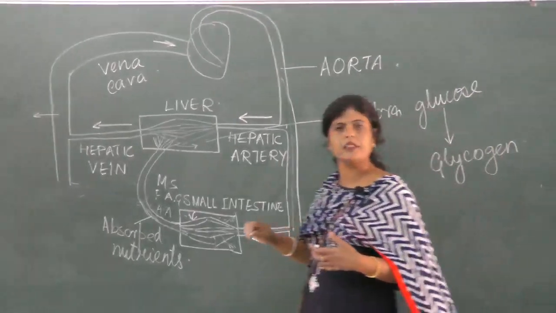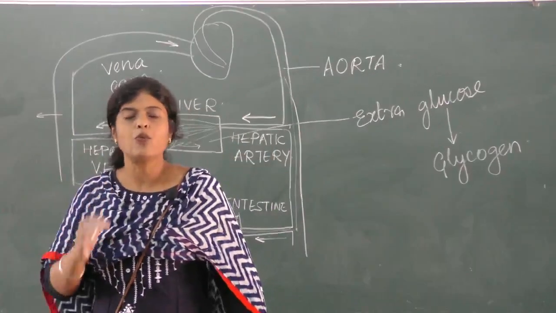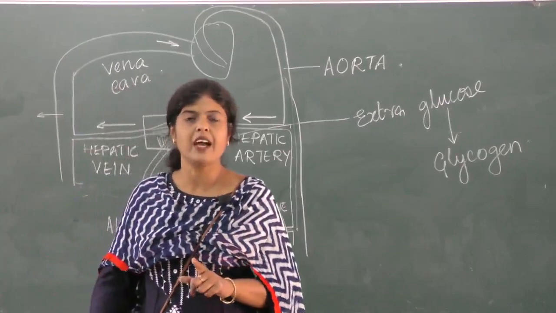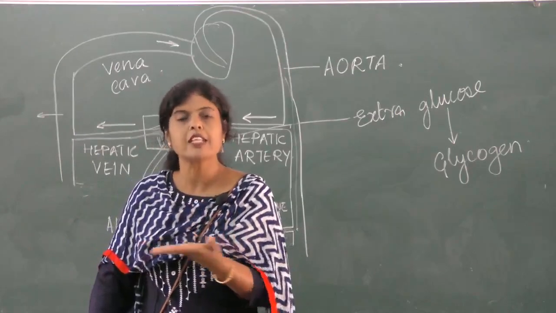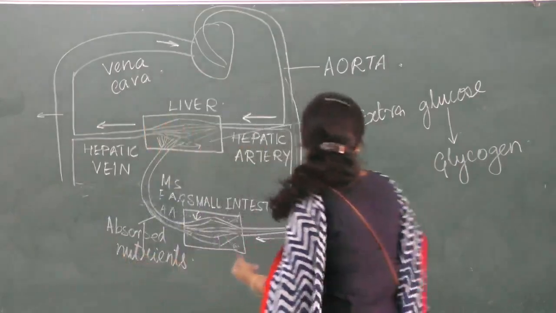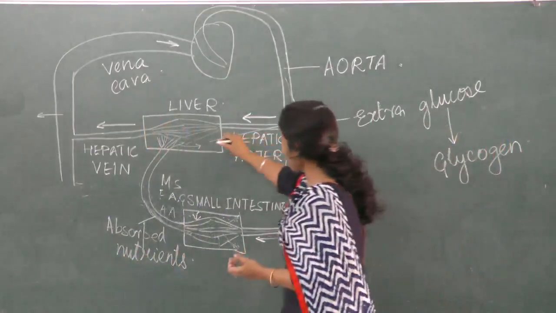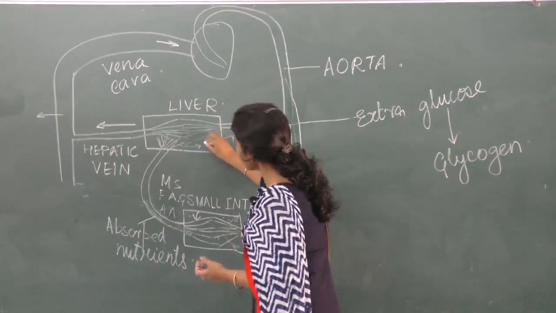The liver can produce certain enzymes which can convert glucose to glycogen. And what is glycogen? Class 9 we have done. Glycogen is the stored form of food. Glucose is soluble, glycogen is insoluble. So now the liver produces glycogen, and this extra glucose is converted into glycogen and is stored in the liver.